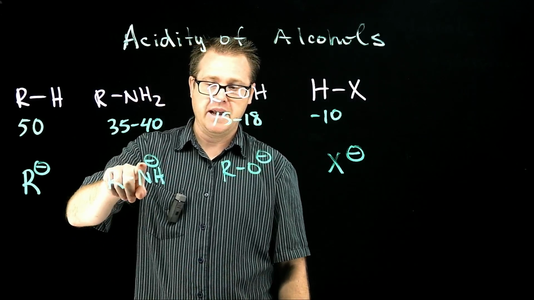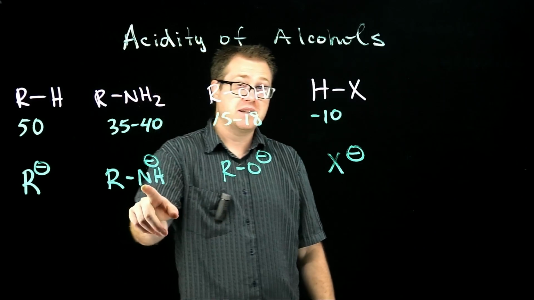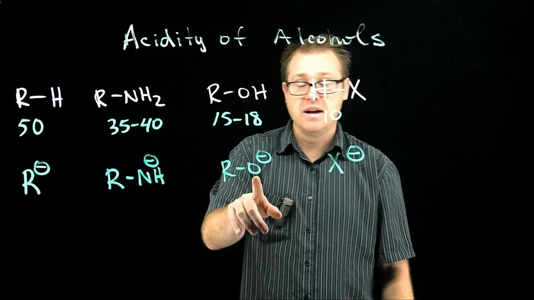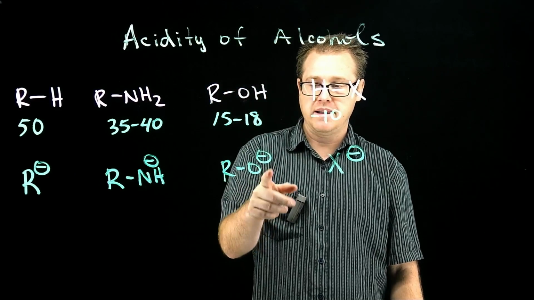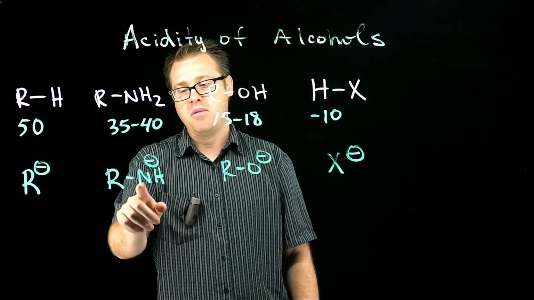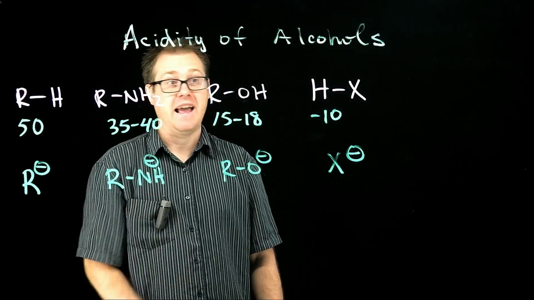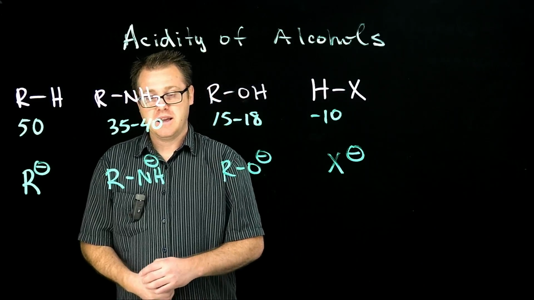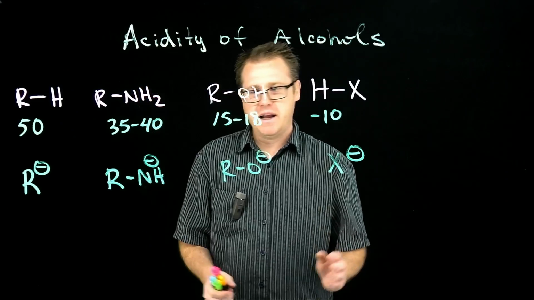A negative charge on a nitrogen atom is not going to be as comfortable as a negative charge on an oxygen, because oxygen is more electronegative. It can tolerate that negative charge better than a less electronegative nitrogen atom. We've learned those principles before in our acid-base chapters, but I want to remind you of that.